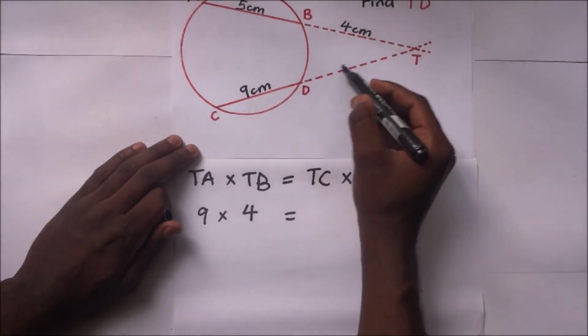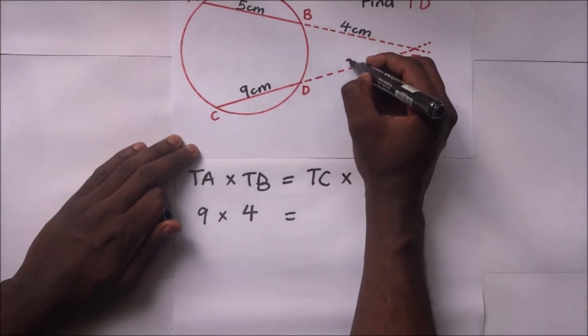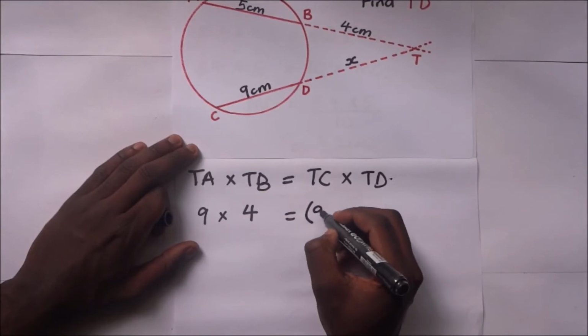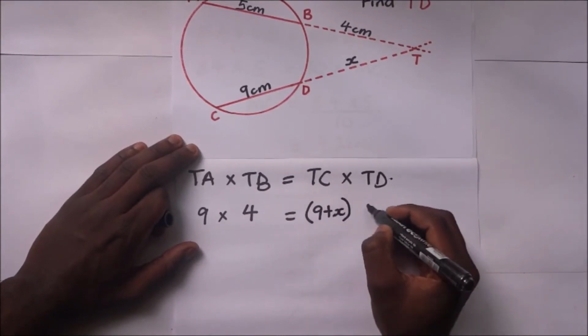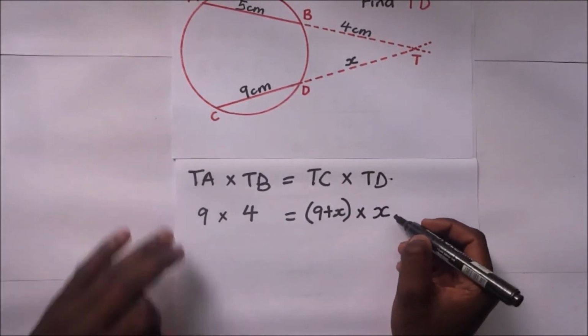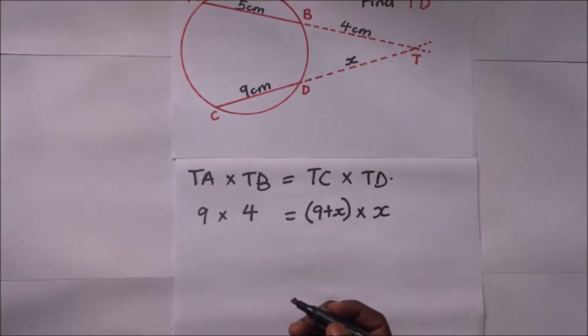Remember, we're looking for this length and we do not know it, so let's call it X. TD is X. So our task is to find the value of X.